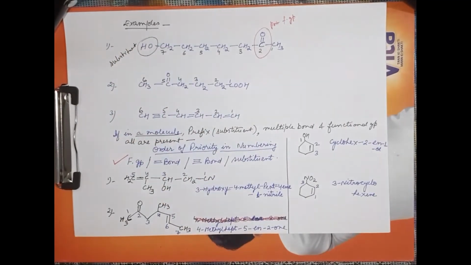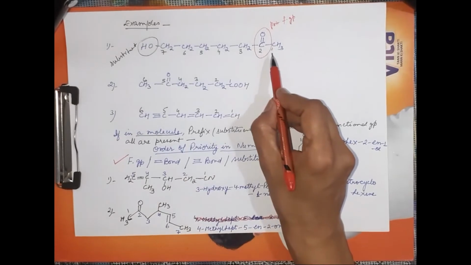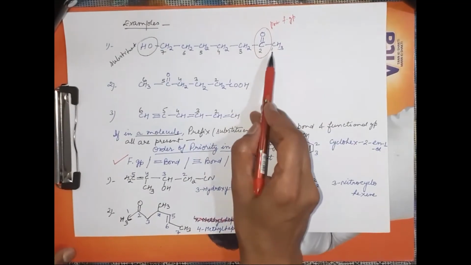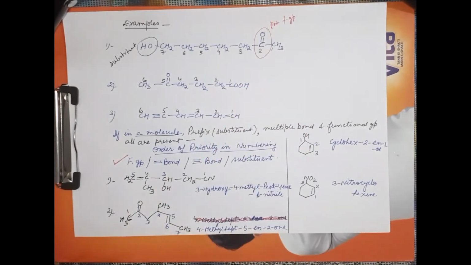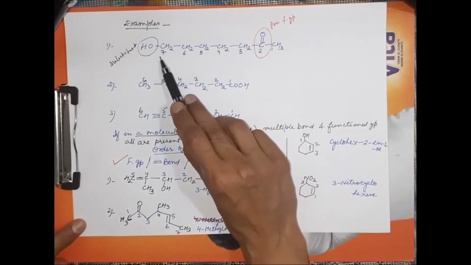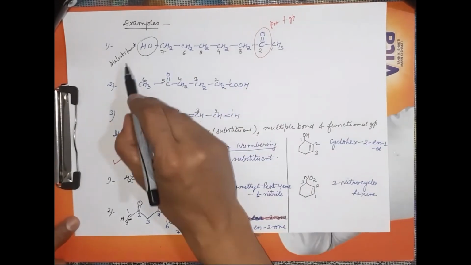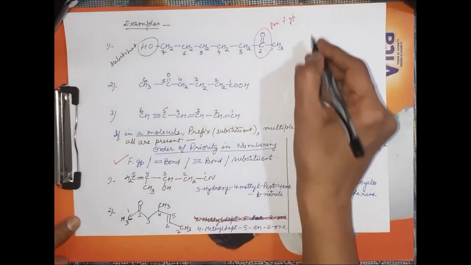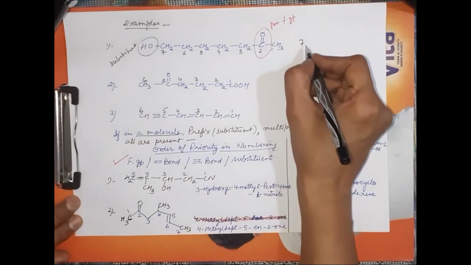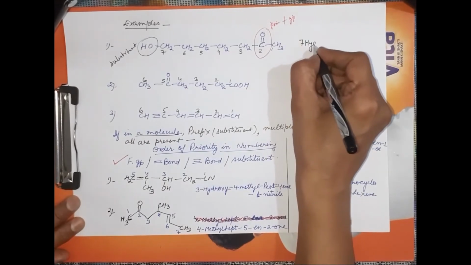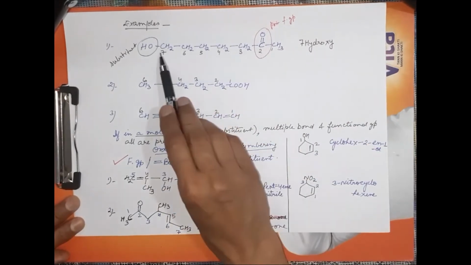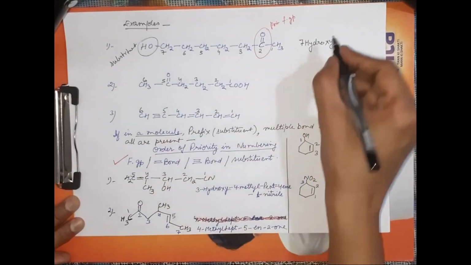While writing the name, we have to give the lowest number to the principal functional group. So we will do the numbering from right to left: 1, 2, 3, 4, 5, 6, 7. The substituent is OH, so it will be written as prefix. The position of OH is 7, so 7-hydroxy, and a 7 carbon atom parent chain.